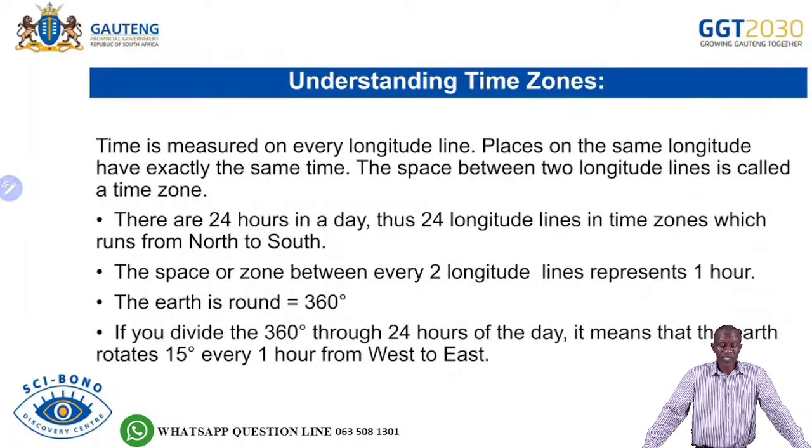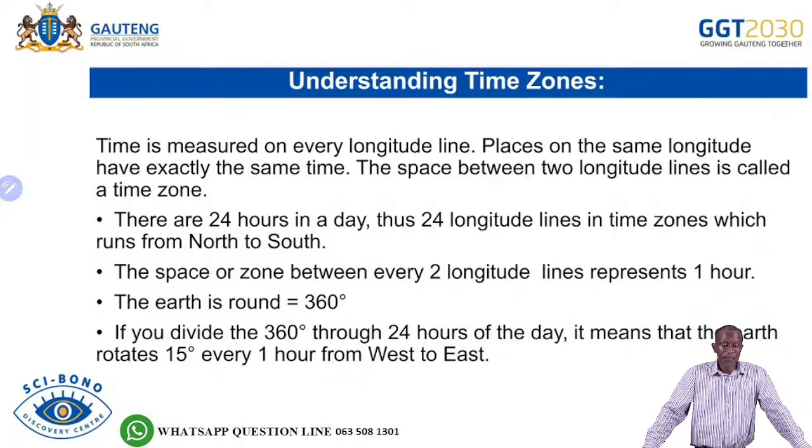Understanding time zones. For you to understand time zones better, you need to peruse the issue of time. What is time? How do we derive time? Where do we get our time from? Now, from the slide, you learn that time is measured on every longitude.